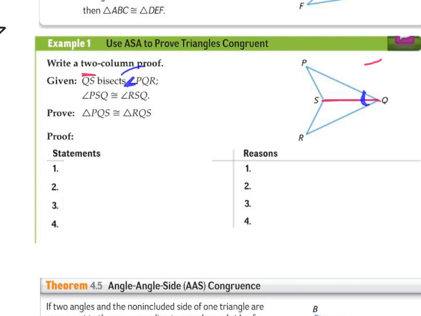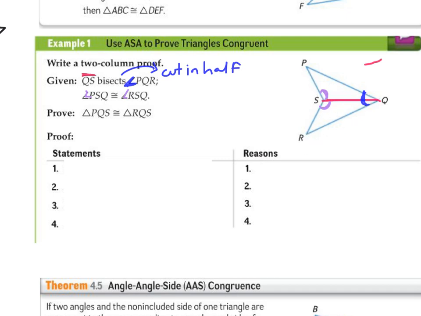Remember, bisect means to cut in half, so QS is going to cut PQR in half. And then additionally, PSQ is congruent to RSQ, so that's these two angles right here. We need to prove that triangle PQS is congruent to RQS.